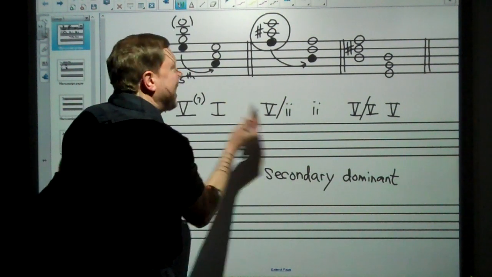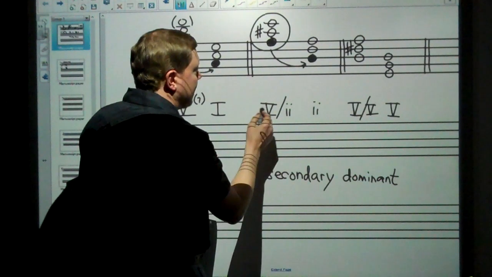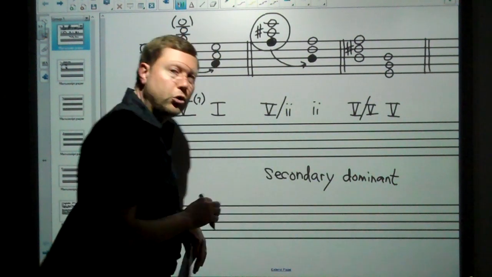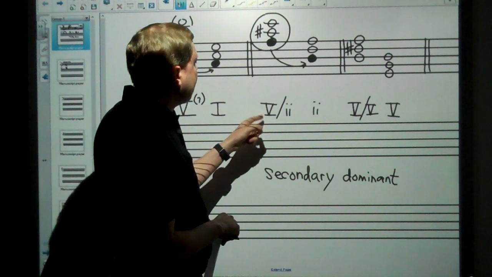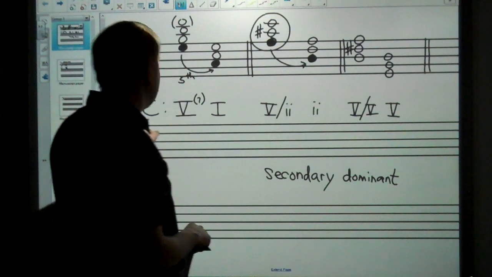And so we're going to analyze this type of chromatic chord, this secondary dominant, like this. We're going to use the symbol 5/2. And that is read as this chord is a 5 of a 2 chord in C major.